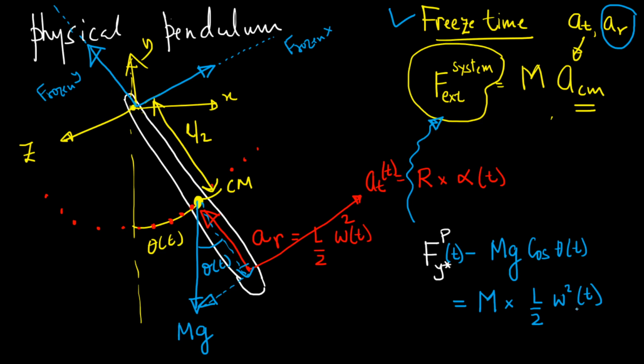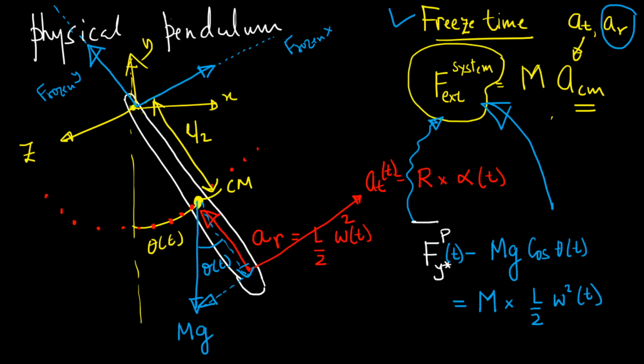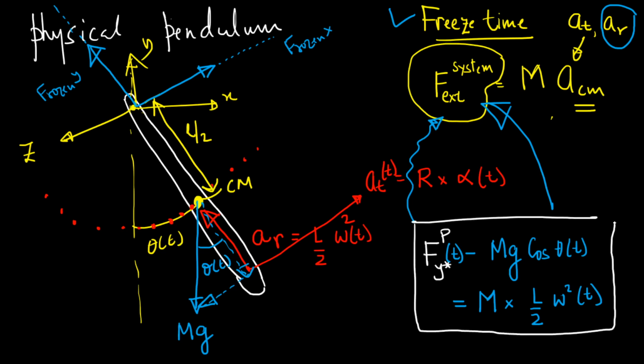We've written down one of these two equations. There are two equations here, and this is truly a wonderful achievement. Simple but beautiful equation by freezing time and using Newton's laws.